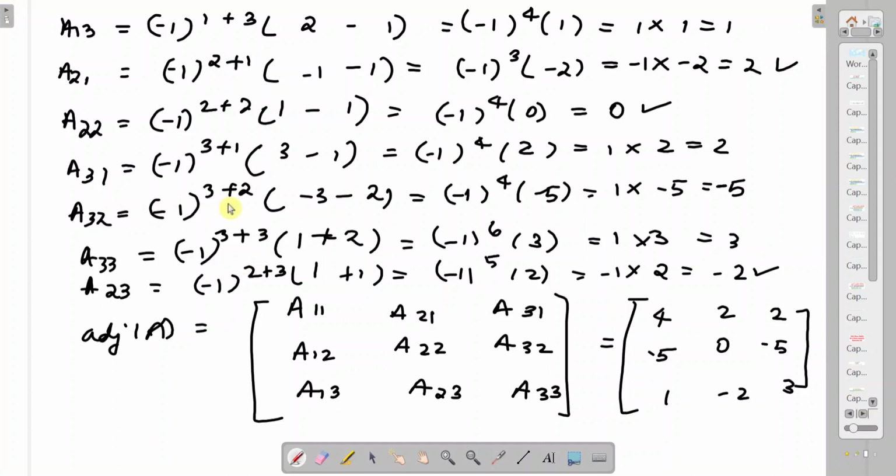Here if you look at, there is a mistake here. A32 is equal to minus 1 raised to 3 plus 2, which is minus 1 raised to 5. Okay, and so we will have minus 1 times minus 5, which is plus 5. Okay, and so here A32 will be plus 5.